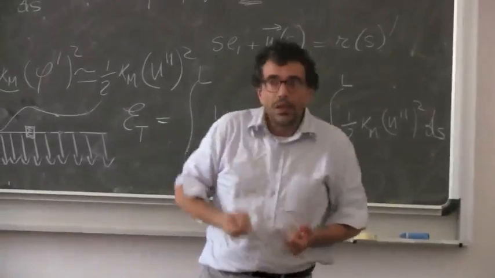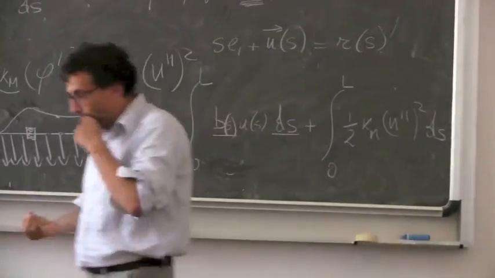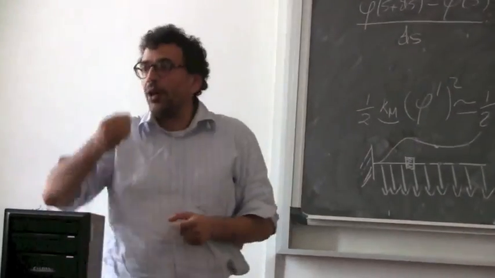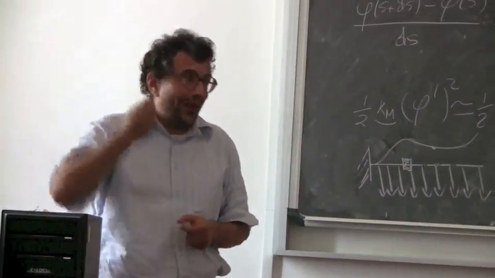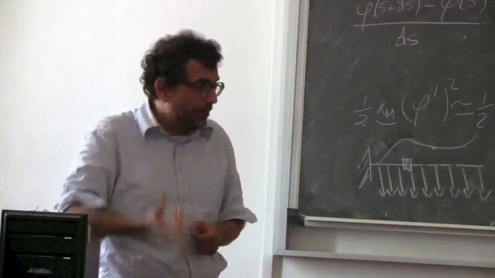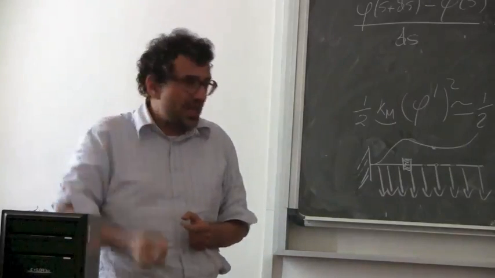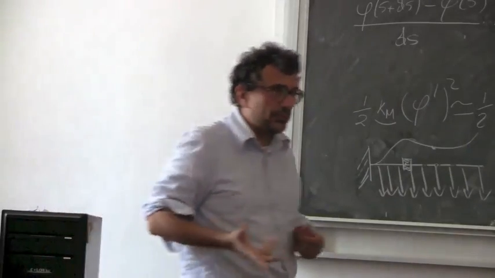The recipe is the following. When you have the total energy of a system, for finding its equilibrium configurations, you need to find the minimum of the energy.